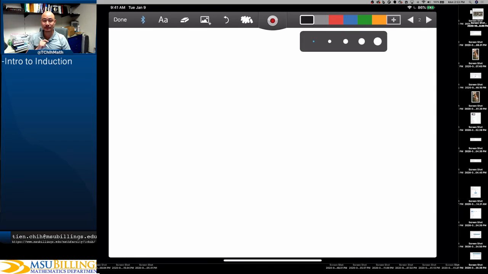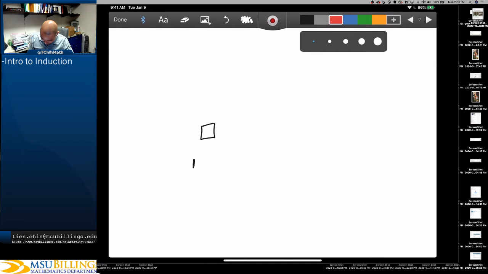So let's say I have a square. Let's move it down a bit here. This is a 1 by 1 square, and so we know that 1 is a square number, right? Let's say I want to get from 1 to the next square.